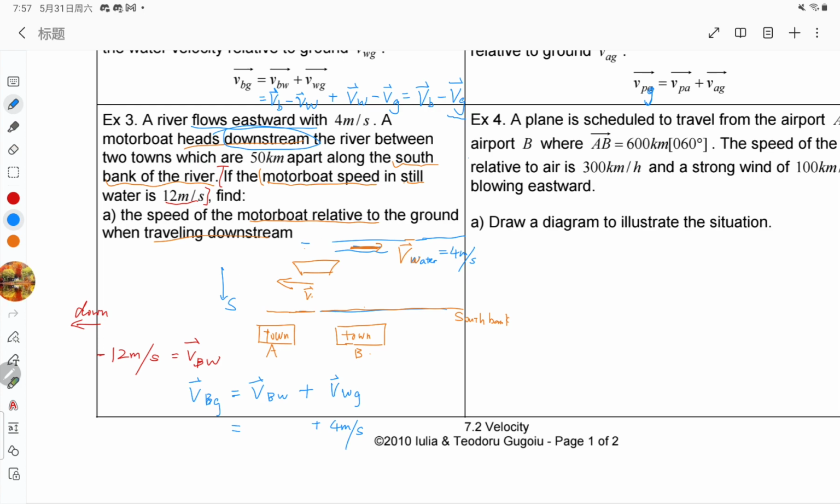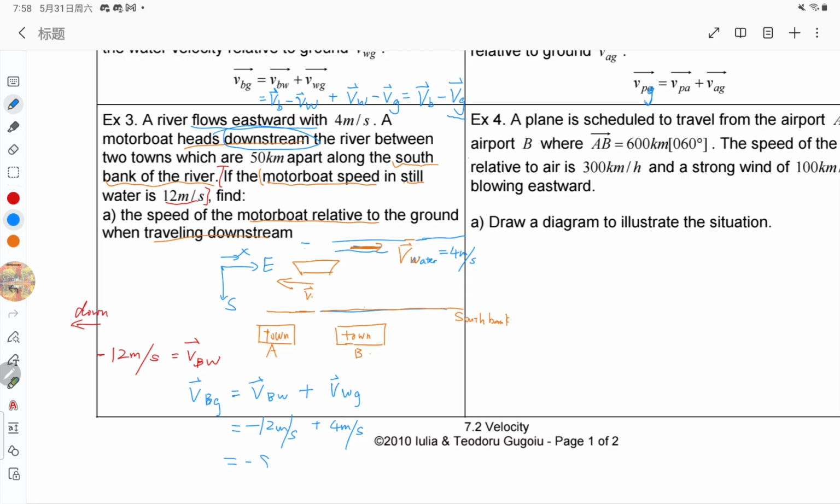Because I assume this is eastward, and this is like the x positive direction, like 4 meters per second, and then downstream like negative 12 meters per second.